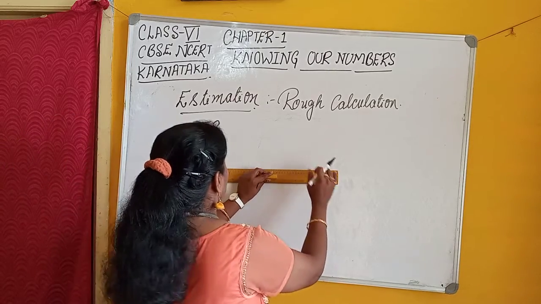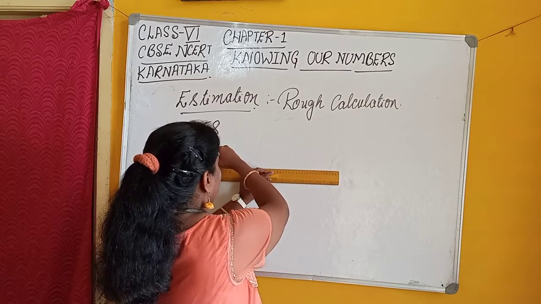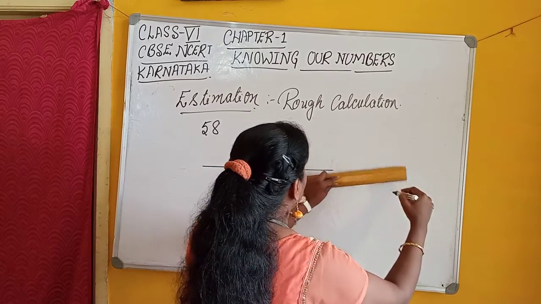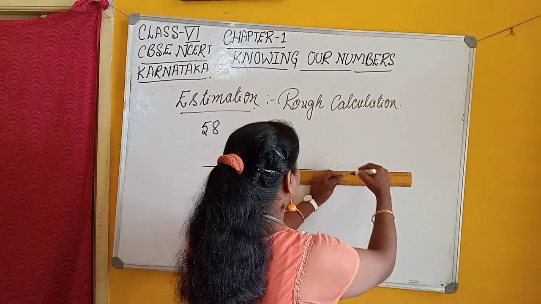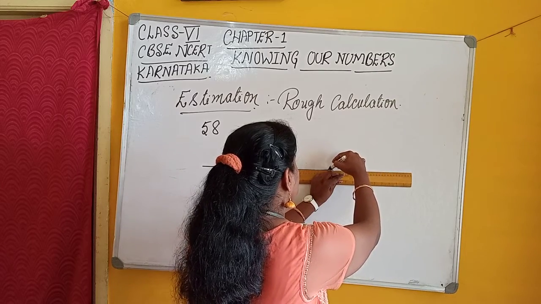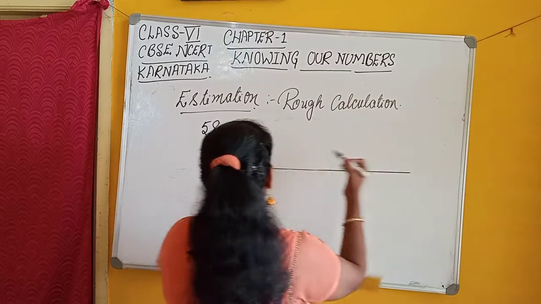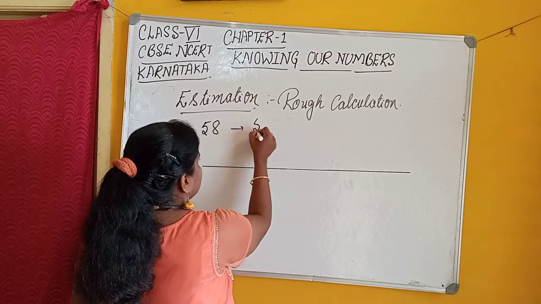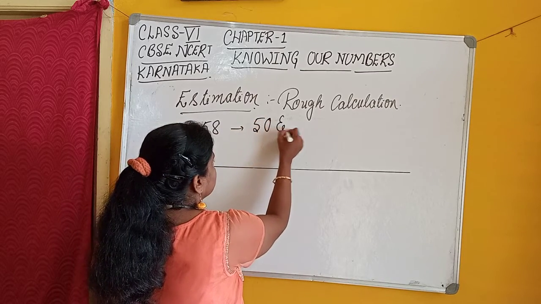For example, this 58 lies between 50 and 60. It lies between the two tens, 50 and 60.